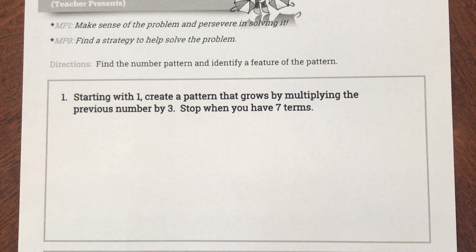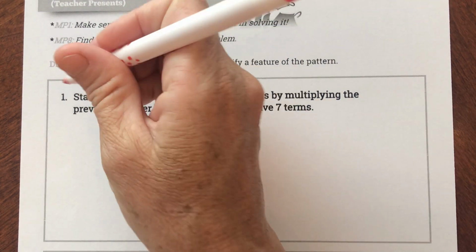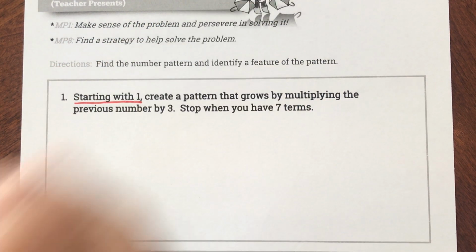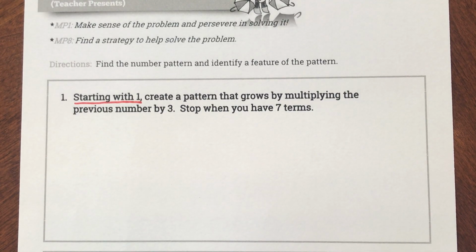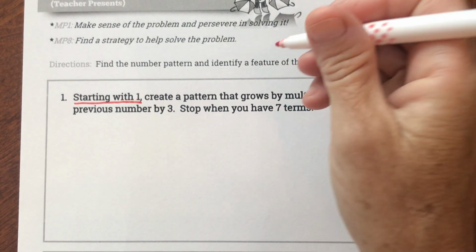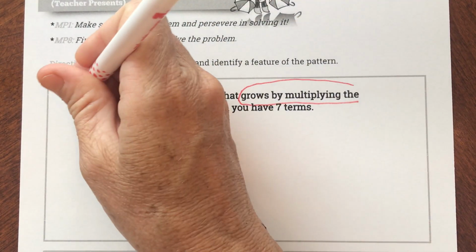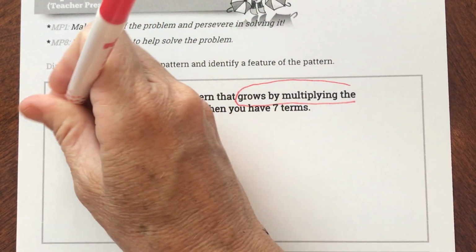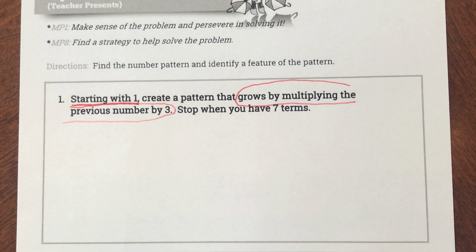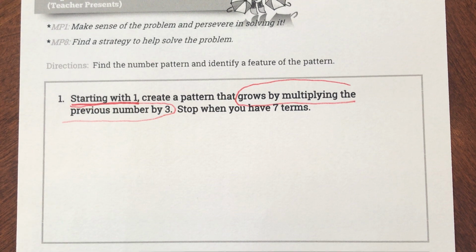Let's look at my steps. I'm going to underline the starting number. It says starting with 1. What's my rule? Create a pattern that grows by multiplying the previous number by 3. That is my rule. So my pattern is going to grow by times 3 each time.